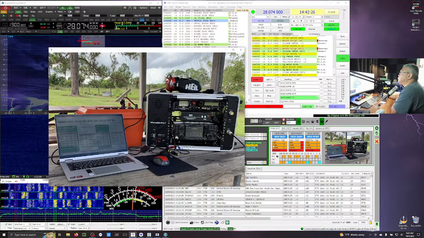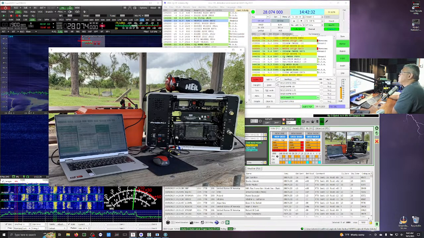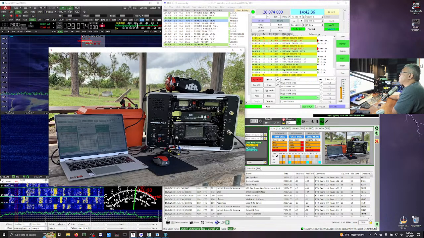Looks like an ICOM, and MFJ tuner, power supply, and I think that's a Kenwood radio.